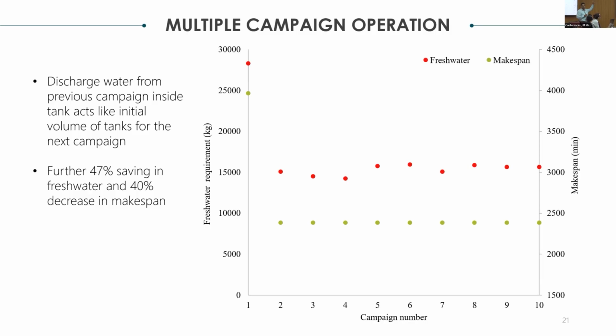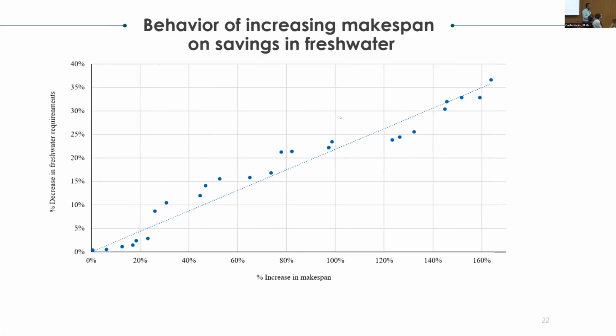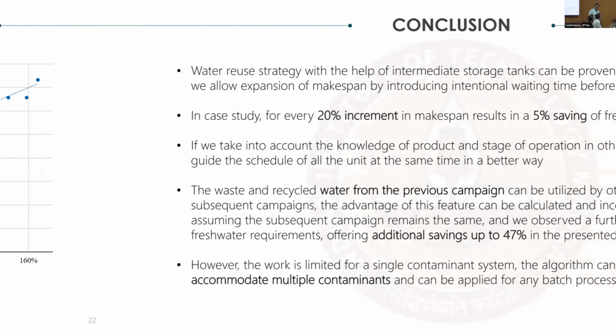Multiple campaigns are actually beneficial. A further saving of about 47% in water and 40% decrease in makespan could also be achieved. And this is the behavior of increasing makespan. It's almost linear. And these are the conclusions.